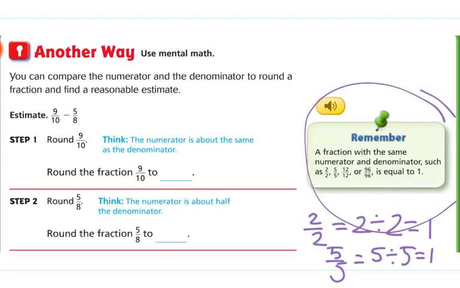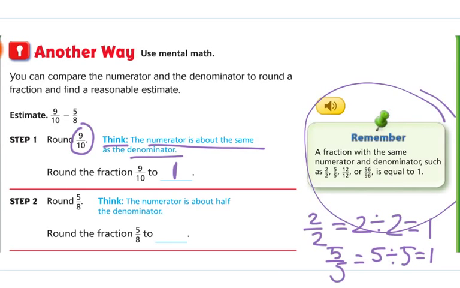You can compare the numerators and the denominators to round the fraction to a reasonable estimate. Think to yourself, is the numerator about the same as the denominator? Well, 9 is very close to 10, which would give us 1, so we're going to round that to 1.